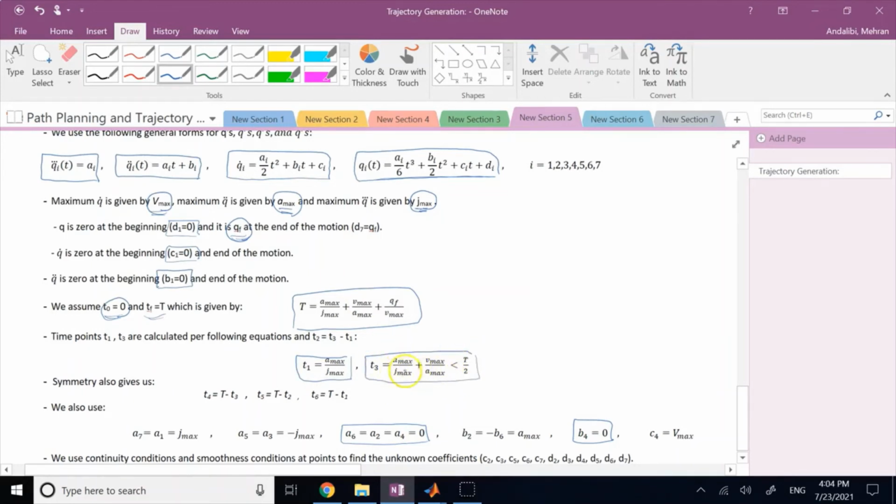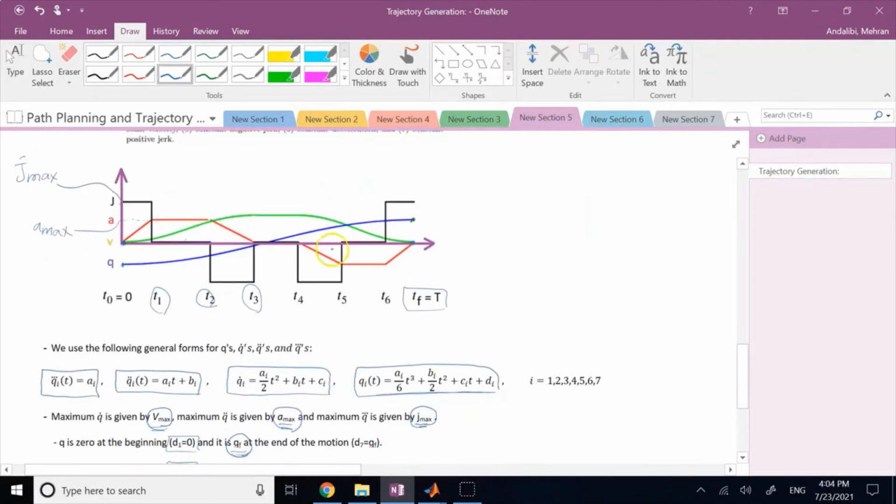So if you choose this Amax, Jmax, Vmax such that this T3 from this formula is equal to or bigger than half of the T that you found from the top one, you cannot achieve such motion. Then the rest of the times you can easily find. T2 is T3 minus T1, T4 is T minus T3, T5 is T minus T2, T6 is T minus T1, and that's all coming from symmetry here.